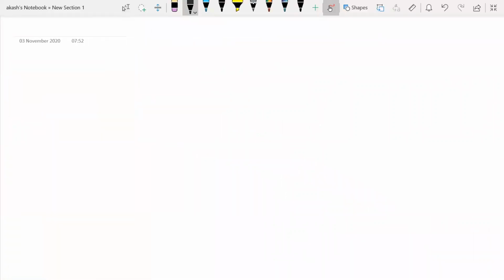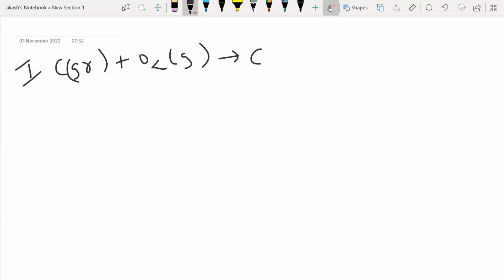Okay. So they have given 3 equations to us. First equation: carbon graphite plus O2 gas gives CO2 gas, and they have given the enthalpy for this reaction as minus 393 kilojoules per mole.